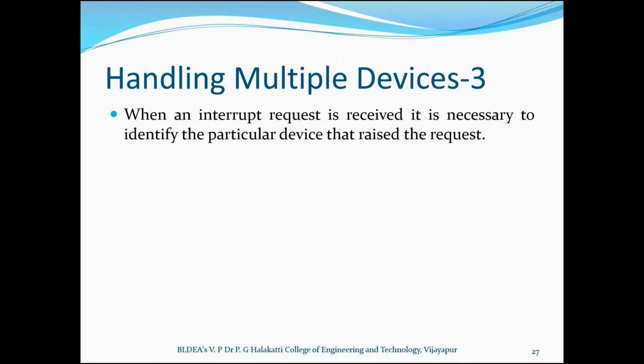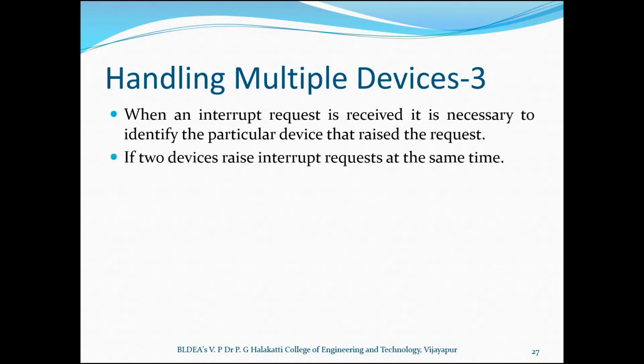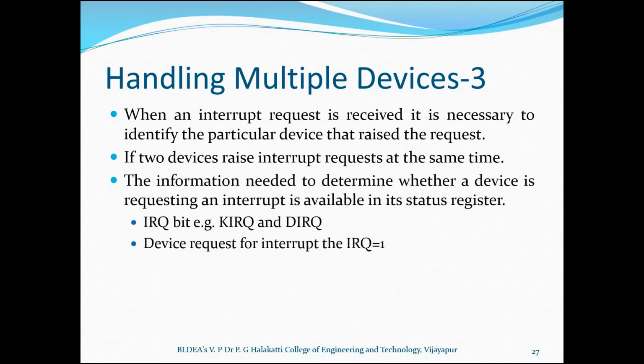If two devices raise an interrupt request at the same time, there will be an ambiguity as to which has raised it. The information needed to determine whether a device is requesting an interrupt is available in its status register.